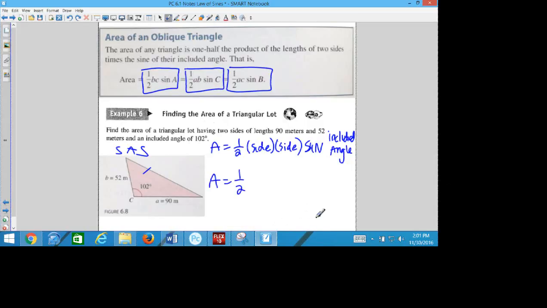So half 52 times 90 sine 102. And you can go ahead and calculate that. Half 52 times 90 times sine 102.